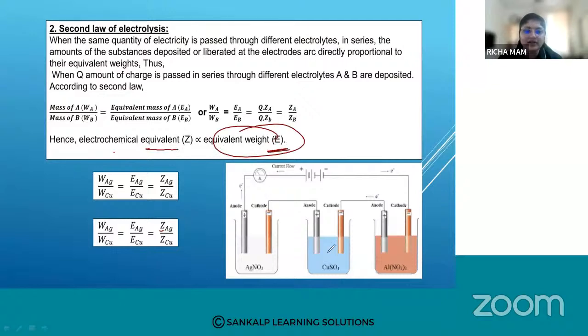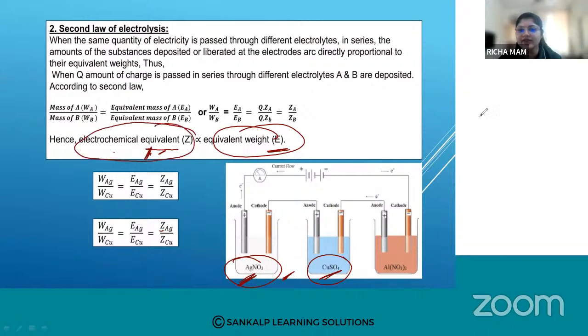So whatever amount of substance is deposited is directly proportional to the equivalent weight.